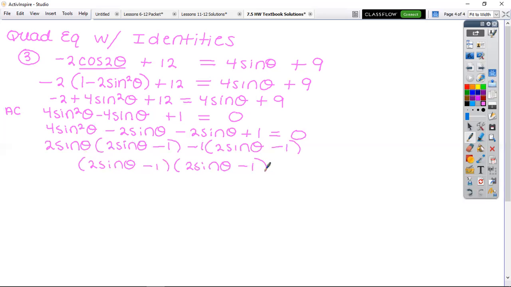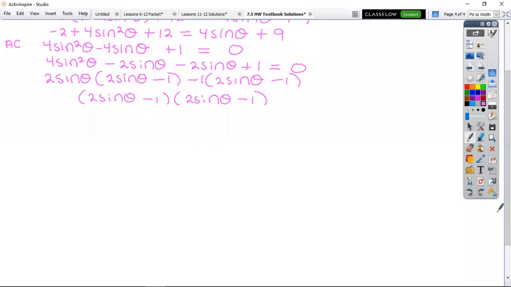So do you have to do both of these? Clearly not. So this is not going to have as many solutions as those questions that preceded it. So I go 2 sine theta is equal to 1. So sine of theta is equal to 1/2, which is positive in quadrants 1 and 2.